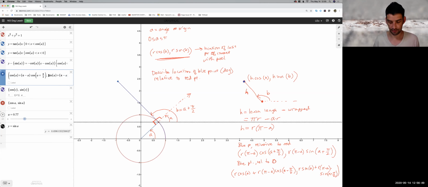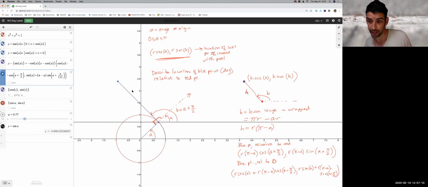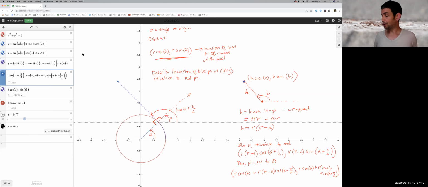And then the y is the same. I have to scroll through to see it. Sine A plus quantity (pi minus A) times sine of A plus pi over 2. Okay, and that exactly describes the path of the blue point on this left side of the circle.